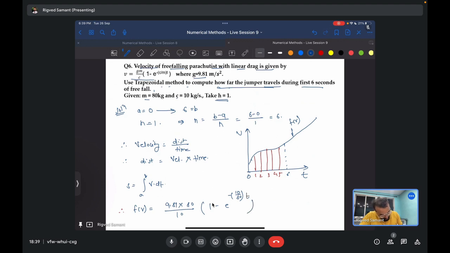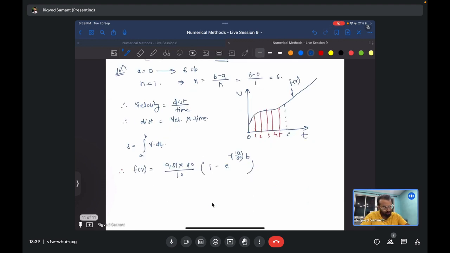This is your function. Your function comes out to be 78.48 into 1 minus e raised to minus 0.125 t. So this is your function of v.